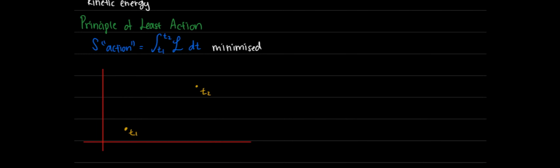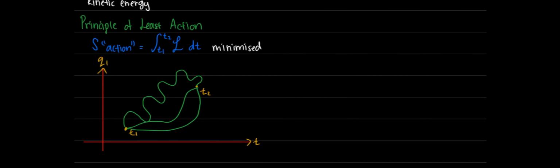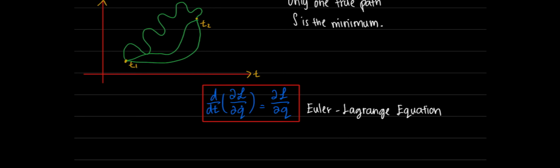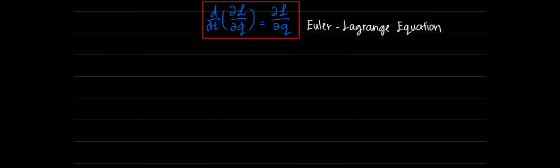You can imagine there are a lot of different paths to go from the first point to the second point, but there's only one true path that will happen, which minimizes the action. So we can essentially find the minimum of S without going through the derivation. We would arrive at the Euler-Lagrange equation.